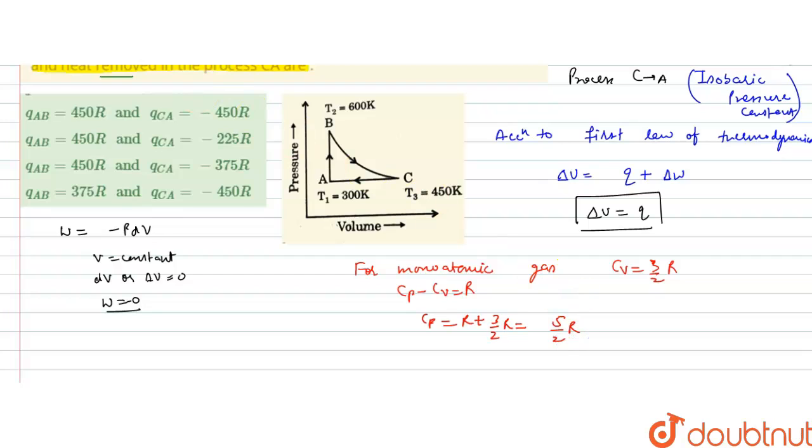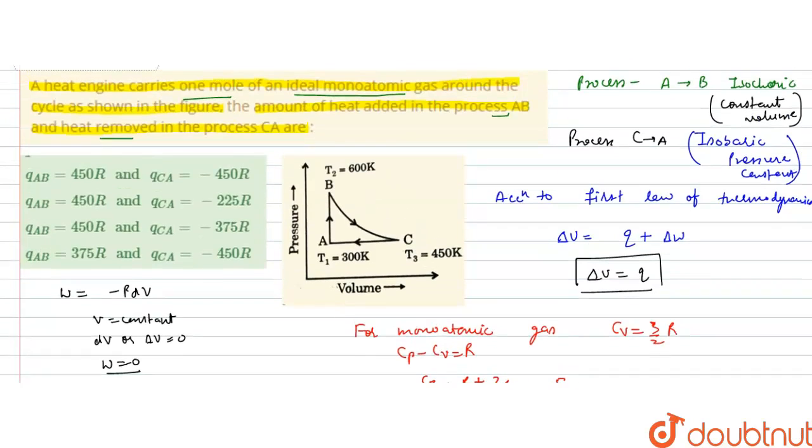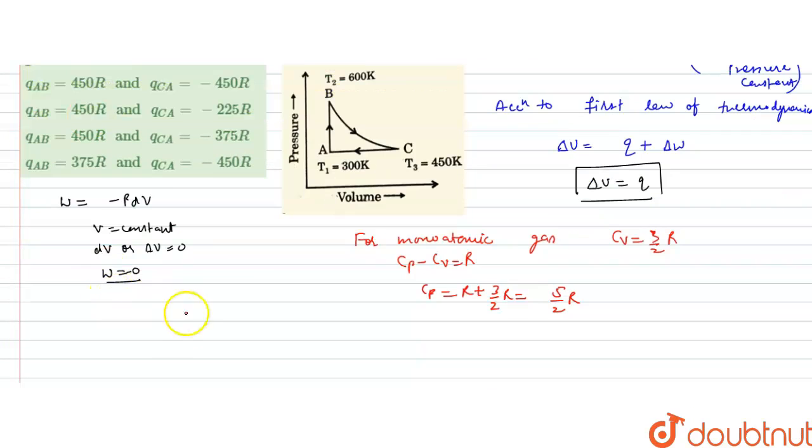Now we first find the heat that is absorbed or added in the process AB. We will write QAB equals nCv delta T, because this is a process at constant volume.